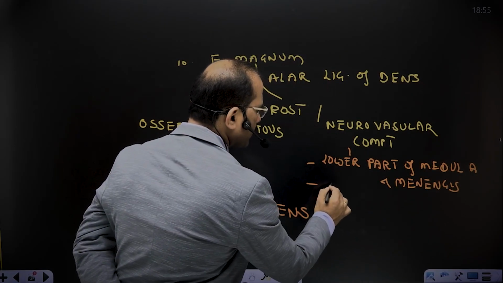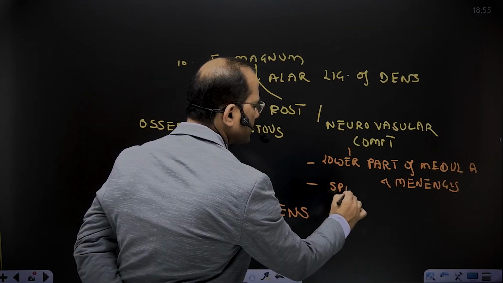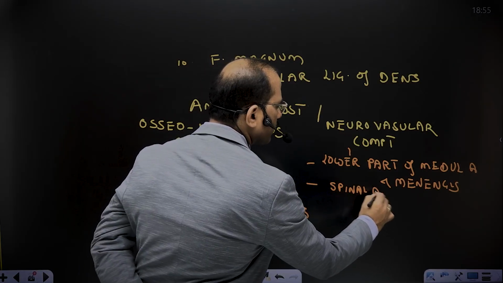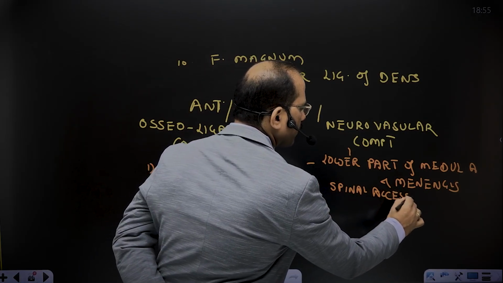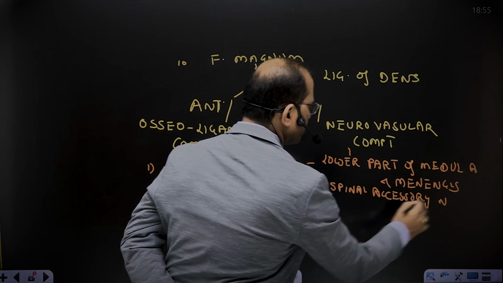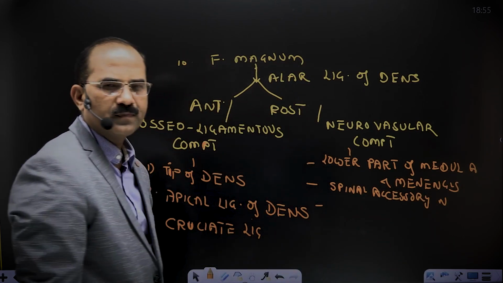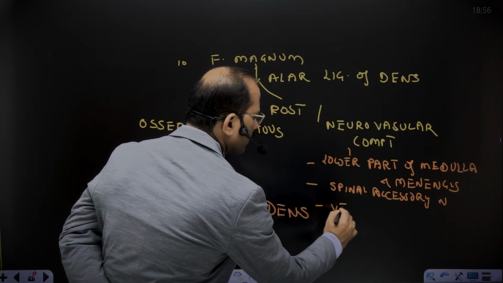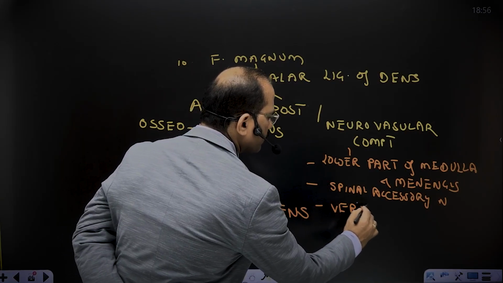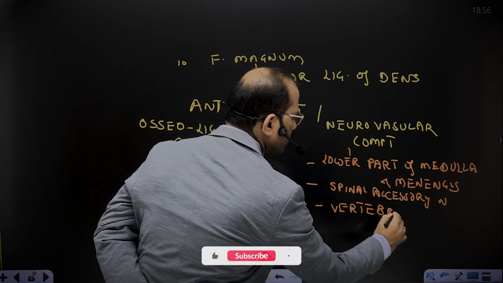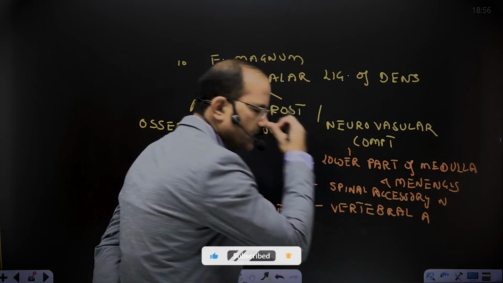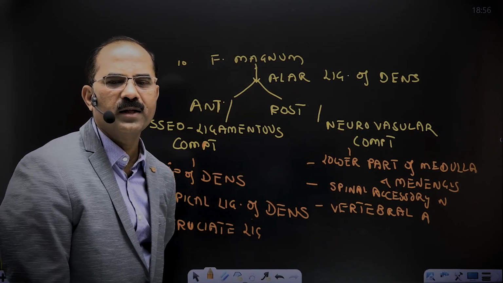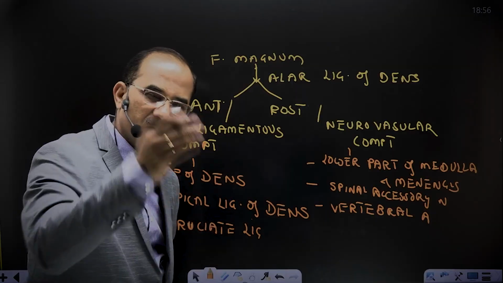The spinal accessory nerve, which we'll discuss later. What else passes from here? The vertebral artery. The vertebral artery entering the skull passes through this foramen.